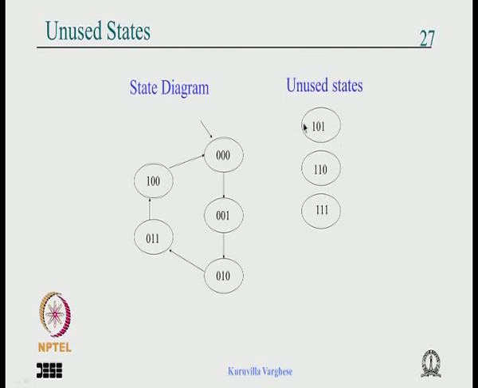If there are unused states in the state diagram or state machine, and you have not designed properly and, by noise or by some chance, it gets into an unused state, it can come back to an arbitrary state in the state diagram, it can get stuck there, it can loop through, and if those states produce random output, if you have not taken care, then it can be extremely dangerous.